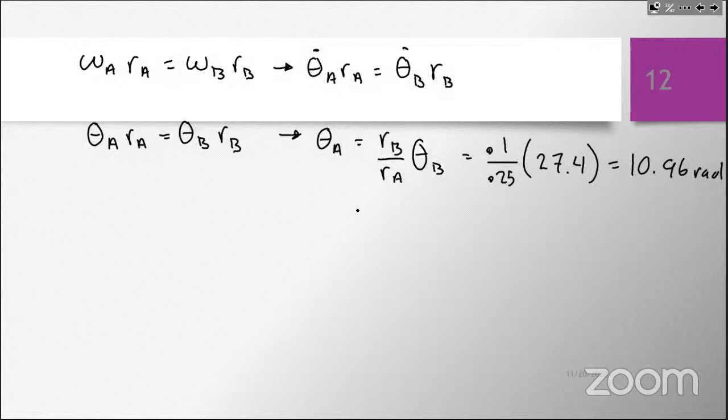So you can put that into our equation. We've got F sub t times R_A times theta 2A is equal to one half I_A omega_A squared.